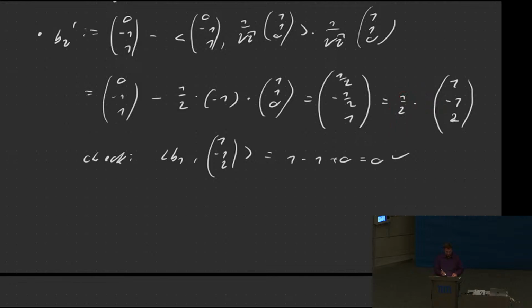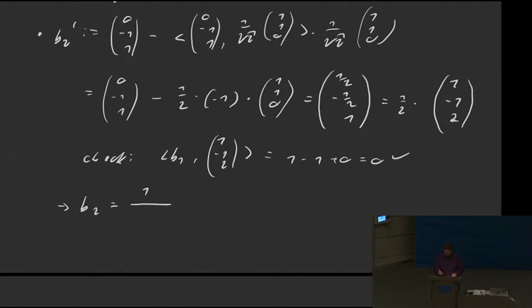And now let's normalize. So B2. For the normalization, again, I just use this vector here. I'll normalize it to length 1 anyway, so whatever scalar factor I have here, I can just forget about it and normalize any multiple I like.